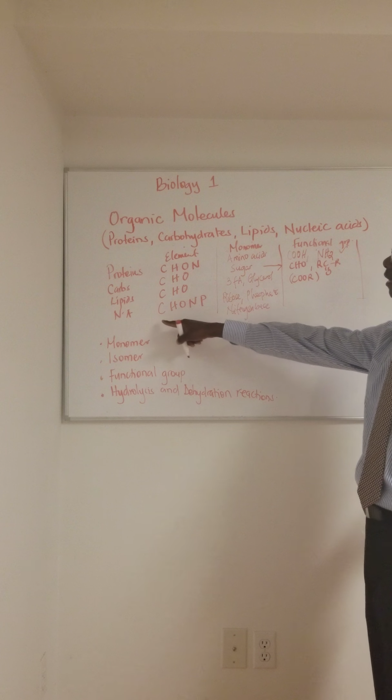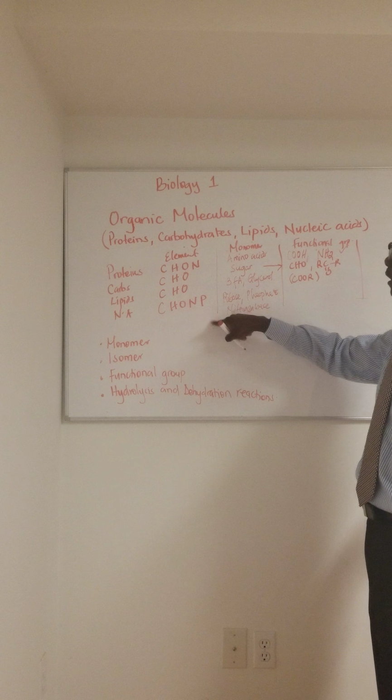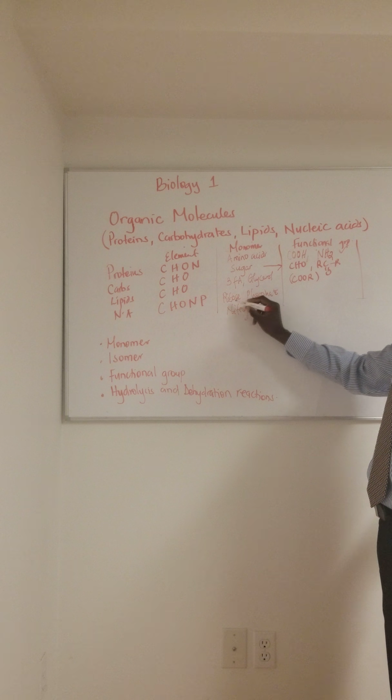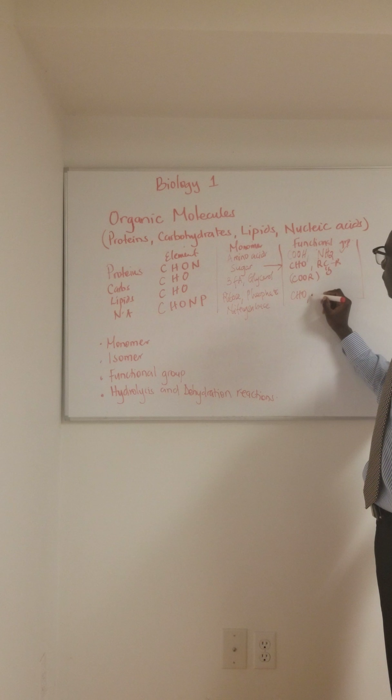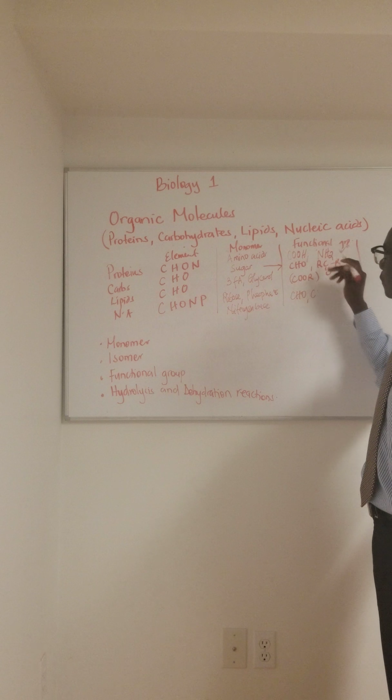Then lastly, the functional group of nucleic acids, we have a sugar, a ribose sugar is an aldehyde, or it can be a ketone. So we see this has a bunch of these.